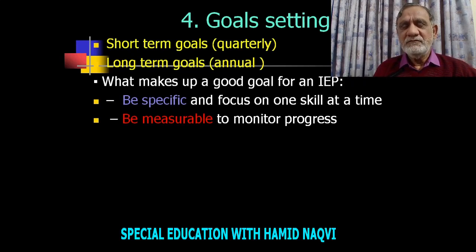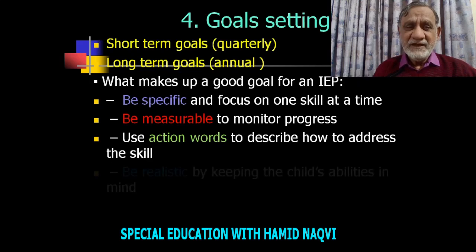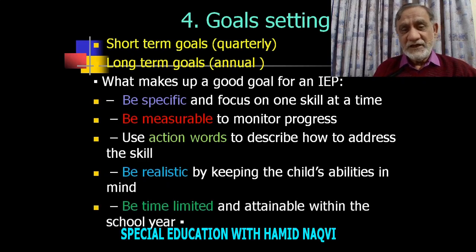We'll give an instance, and in that you would get a clearer idea. Then use action words to describe how to address the skill, right? Then be realistic. The targets or goals which you are setting for the boy in this IEP should be achievable. They should be realistic. And then be time limited.